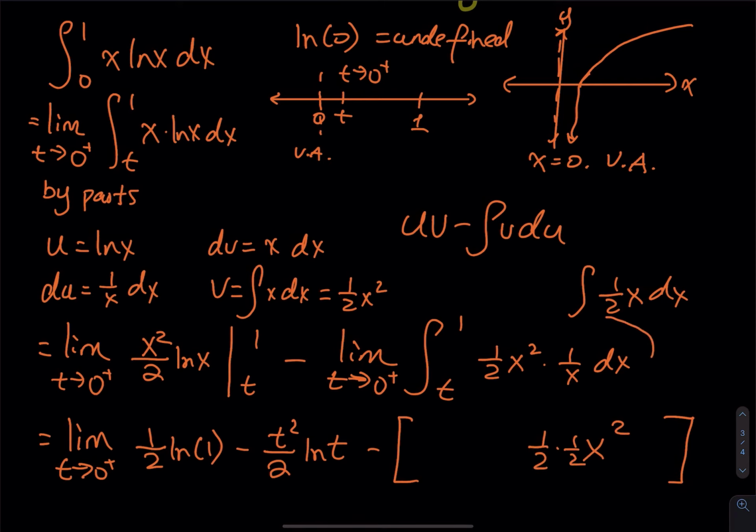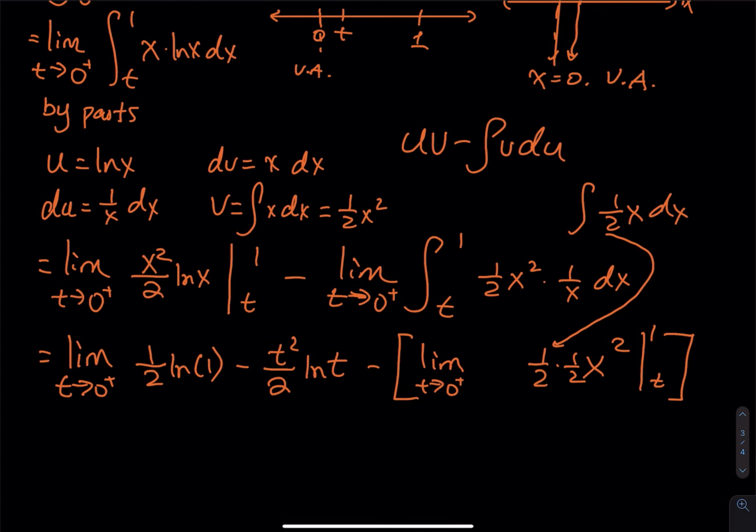The 1/2 goes straight back here, and the other 1/2 came from the integration, because when you take the derivative of that, you bring the 2 down. The 2 needs to be cancelled with the 1/2. And then you have a limit as t approaches 0 from the right, and the integration is done. So this one is from t to 1. So ln 1 is equal to 0, so the entire thing is equal to 0.